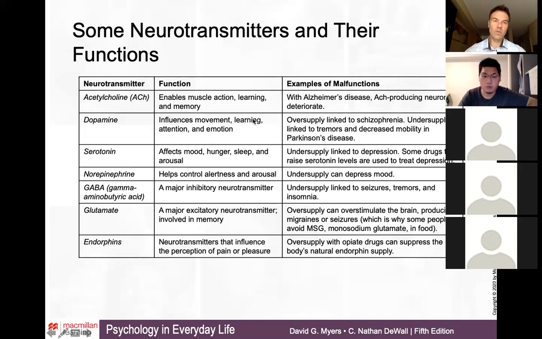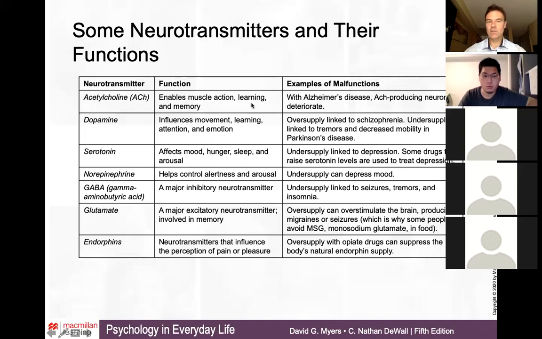That is, lack of dopamine, or undersupply of dopamine in specific parts of the brain, leads to Parkinson's disease, basically the inability to control one's movements, or tremors. So you can see that if dopamine is important in inhibiting movements, then inhibition is just as important as excitation of the nervous system.